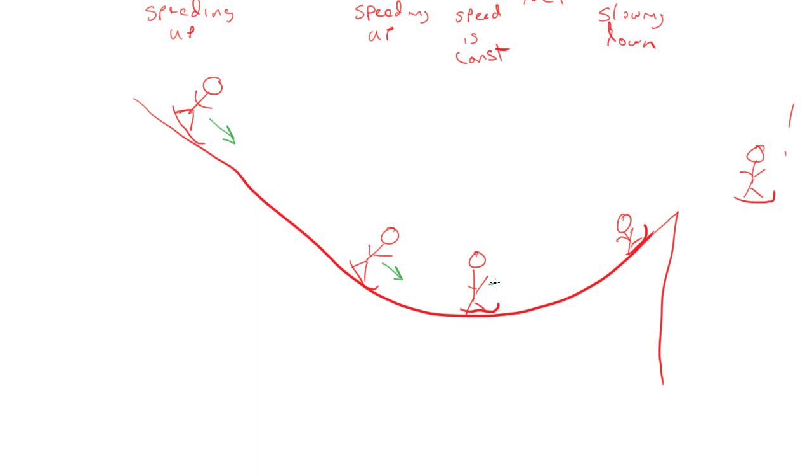This guy? Good. Somewhere is the right answer. This is tricky because I didn't really tell you. He could be still going up and to the right, so somewhere between that and like this. We don't really know, so we'll not worry about that one.